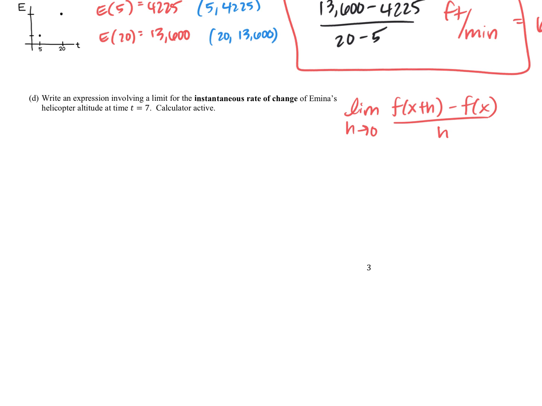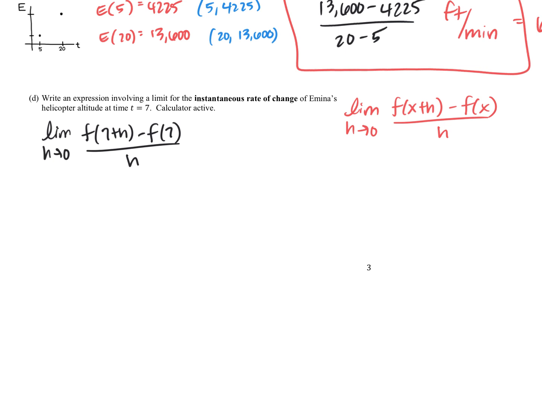At this moment, where do they want our speed? At what time? At 7. So my x is going to be replaced by a 7. Wherever you see an x, we're going to replace it with a 7. So the limit as h approaches 0 of f of 7 plus h minus f of 7 all over h.